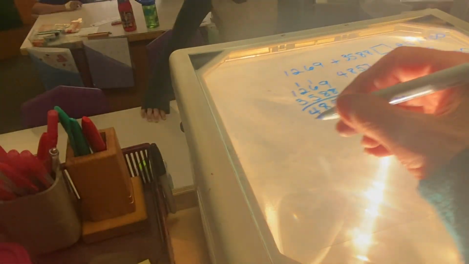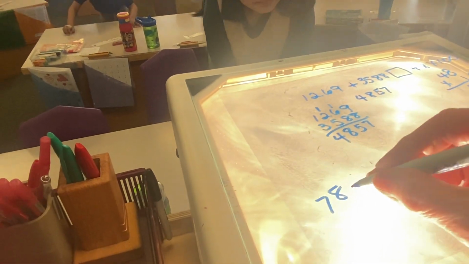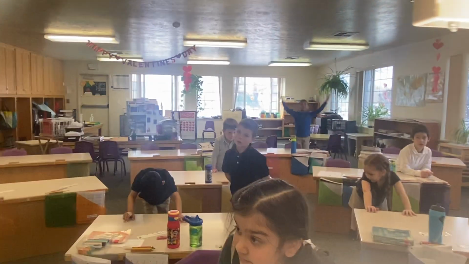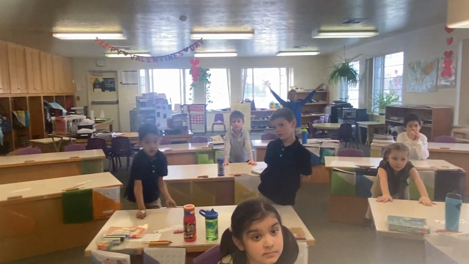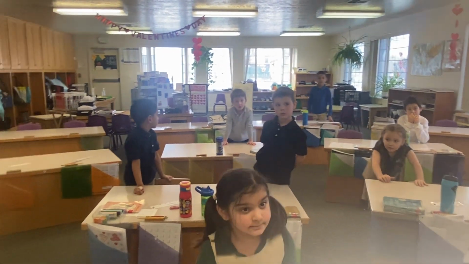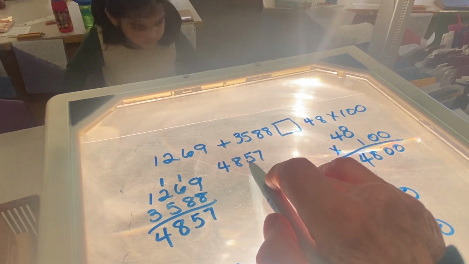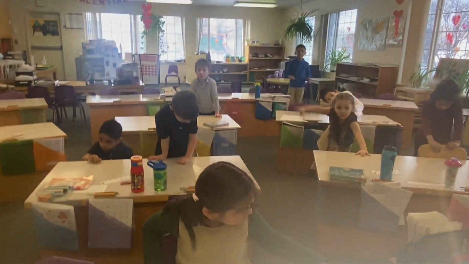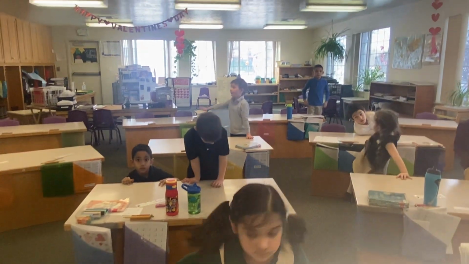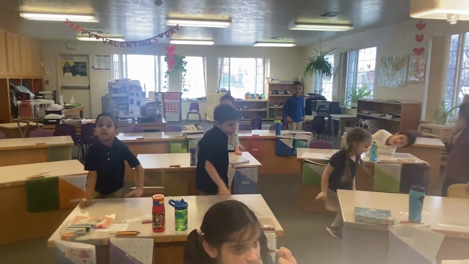Well, what is 78 times 100? Somebody else might know. Soon my others are going to know. Harry. 7,800. You're right. So which is bigger? 4,857 or 4,800? Which is bigger, Harry, or anybody else? 4,857.